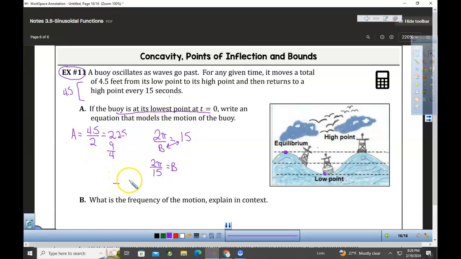So my equation is going to be negative 9 over 4, my amplitude, cosine of 2 pi over 15 t. I'll use t because we're doing time. It's going to be my equation, my d, my distance. Okay? That's not too scary.